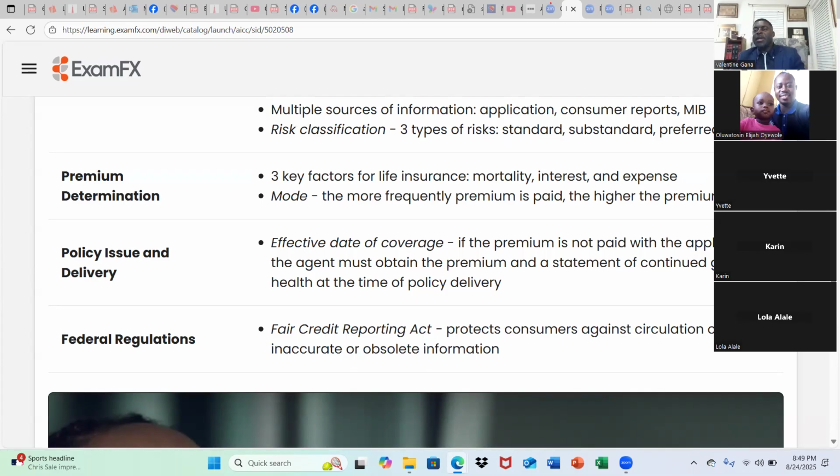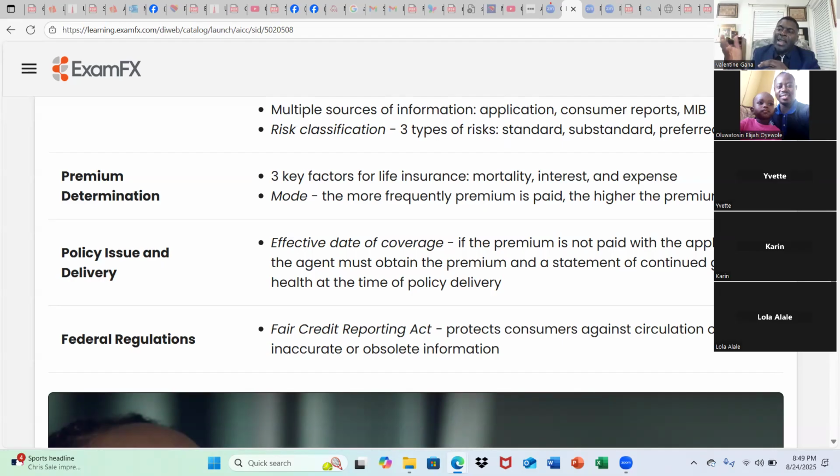What is the grace period? The grace period is the period which, after you miss your premium, is the period where your policy is still going to stay active. After the grace period is done, your policy is done.